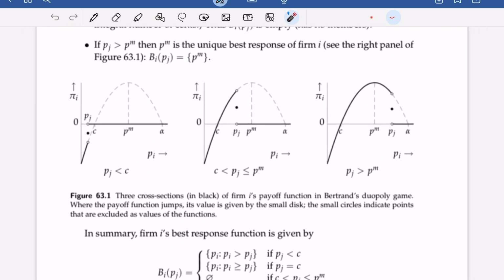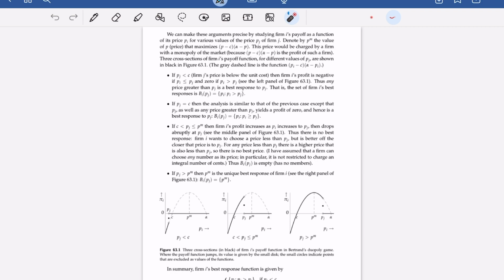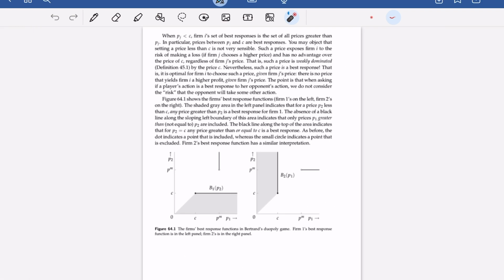And in summary, the firm's best response function is given over here. And this is just a further understanding of what is happening, because it makes no sense that the other firm produces at a loss in the first place, but that is just weakly dominated.